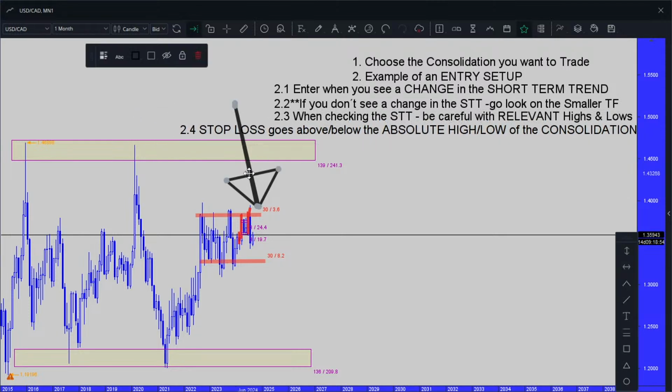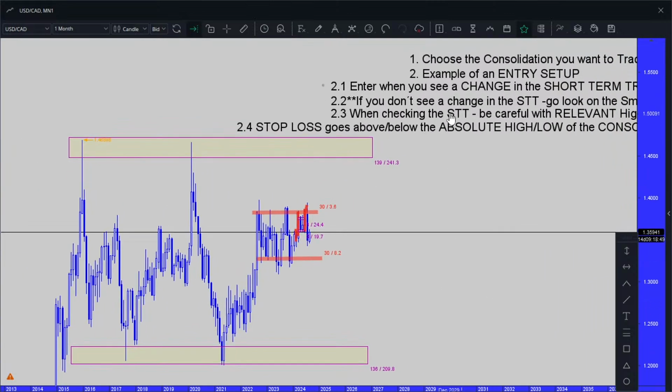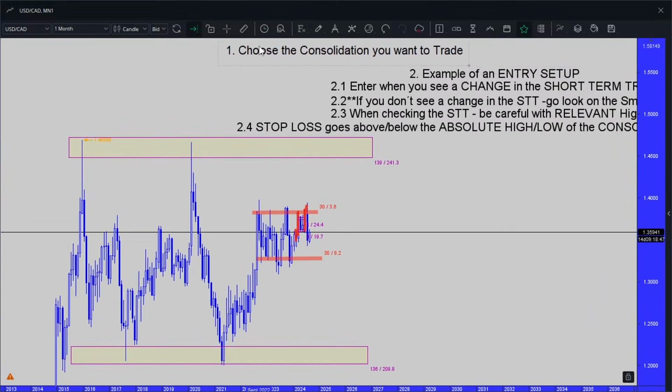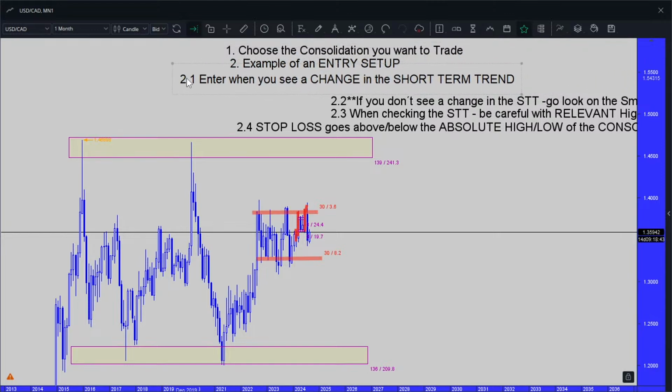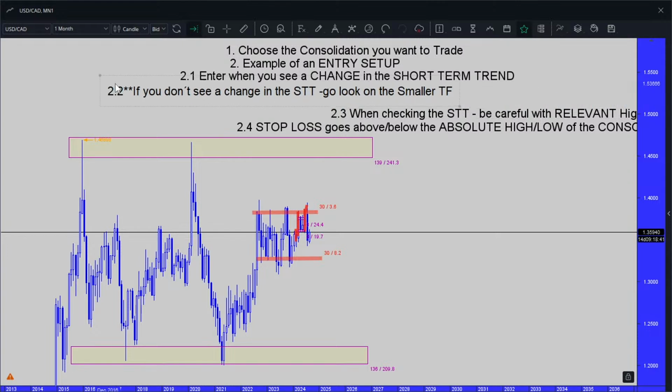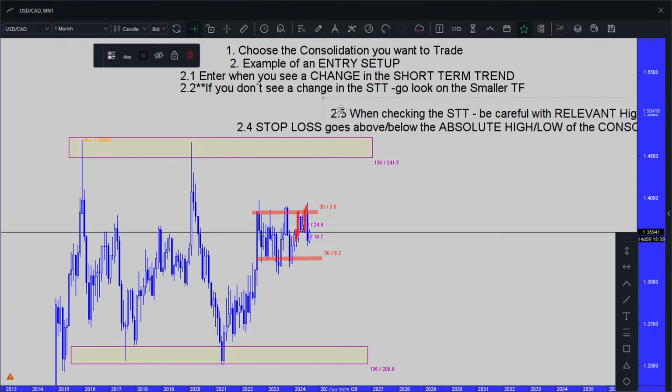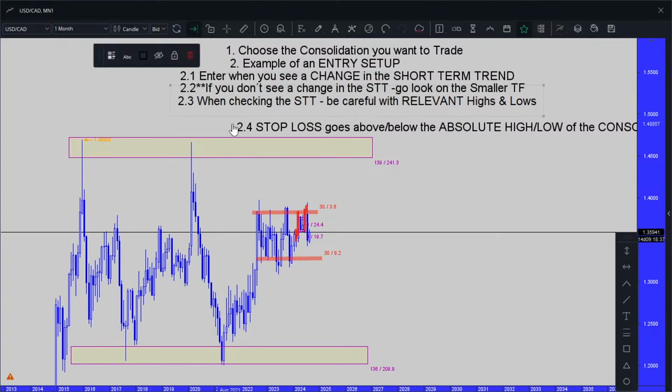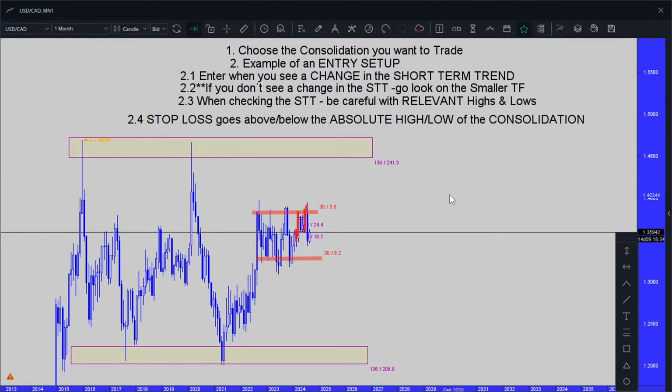All right, okay, we can do it. 1, 2, and 2.1, 2.2, 2.3. Everybody take a screenshot photo with your cell phone.